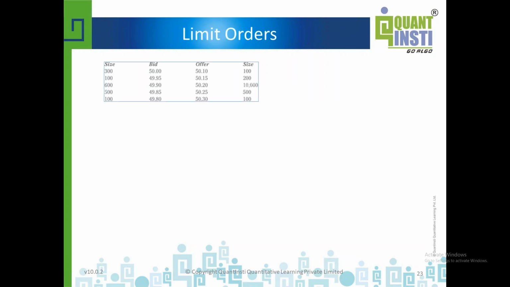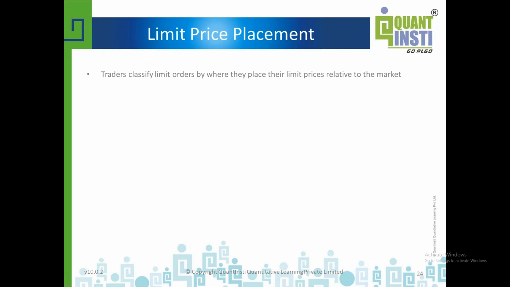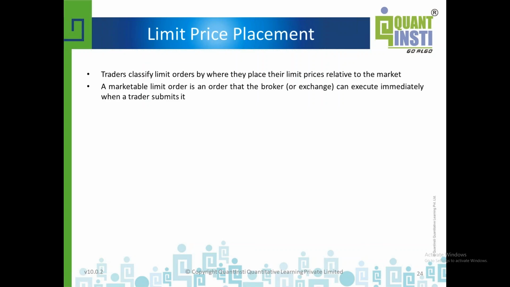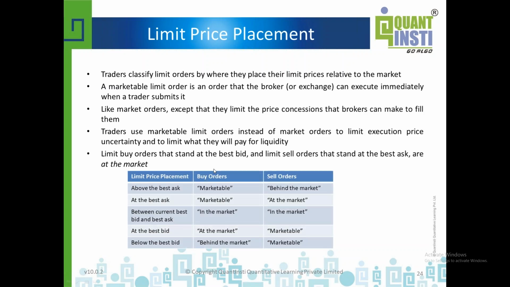So I've already explained this, right? This is the table of how buy orders and sell orders are classified. A marketable limit order is an order that can execute immediately when a trader submits it.